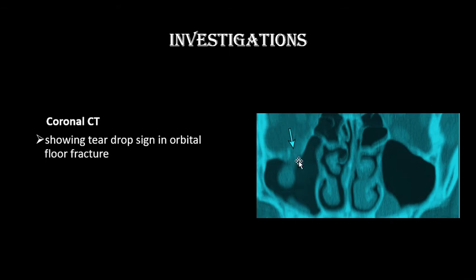This orbital floor fracture shows a teardrop sign. Teardrop sign means there is expulsion of the orbital contents into the maxillary sinus. This is known as teardrop sign, and it is seen in cases of orbital floor fracture. This is the maxillary sinus.